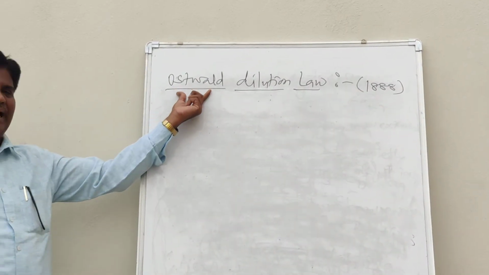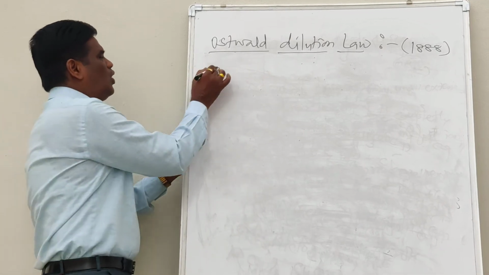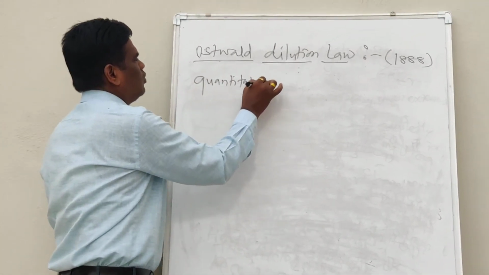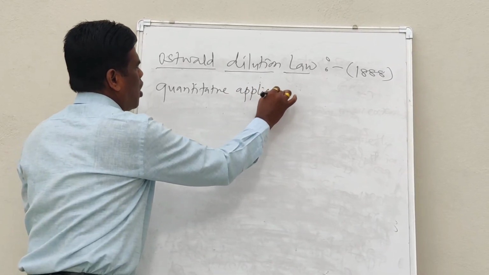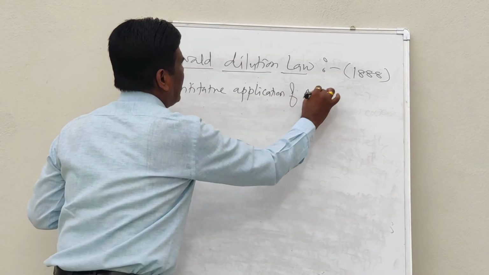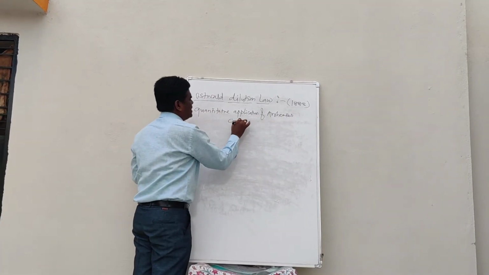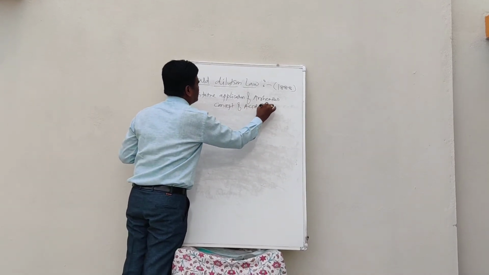Ostwald, the name of the scientist, gave a quantitative application of the Arrhenius concept of acid and base.